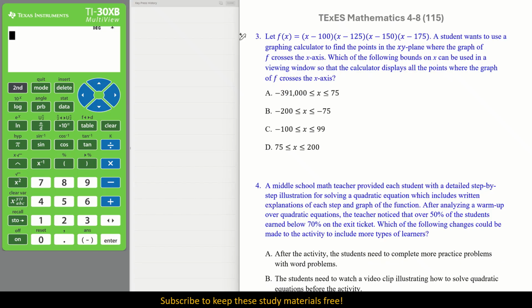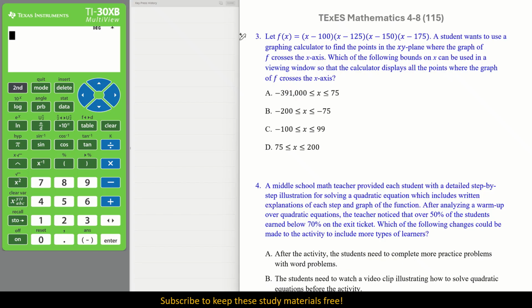Which of the following bounds on x can be used in a viewing window so the calculator displays all the points where the graph of f crosses the x-axis?